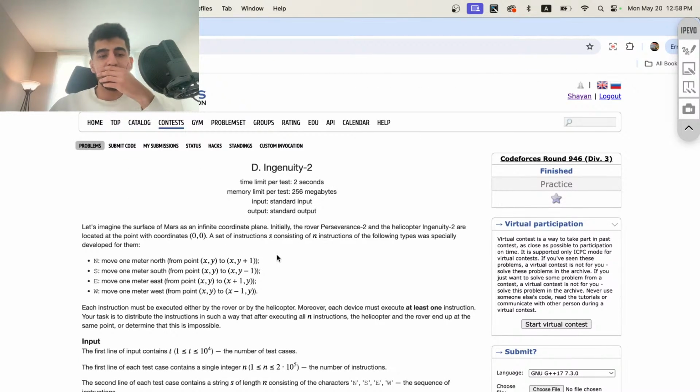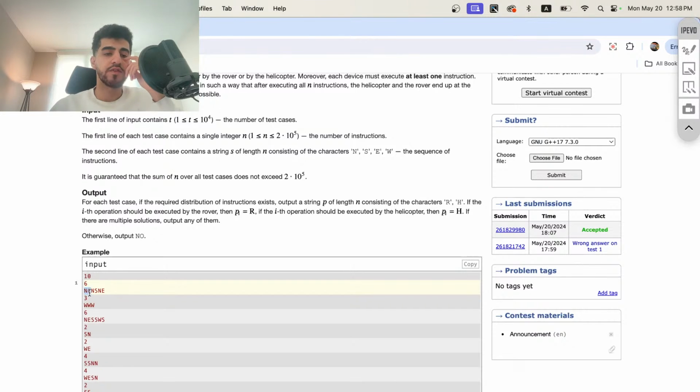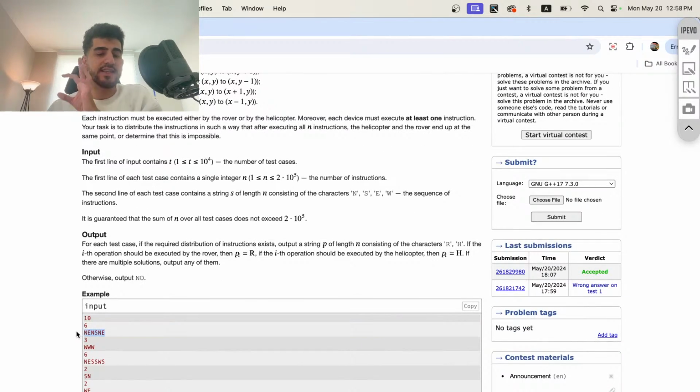For problem D, the general idea was that, assume we have only one robot going through all the moves. At the end, the coordinates should be even.